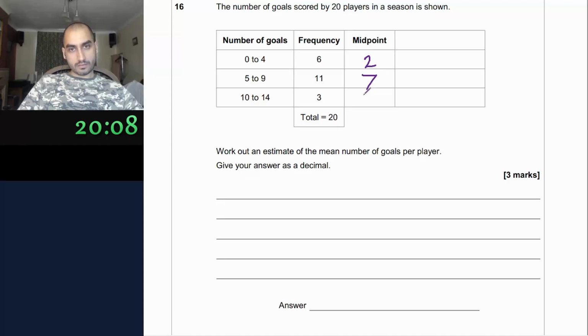Then 7, 12. I see. I don't really remember this approach, but okay, it makes sense. So we can just assume they scored 2 goals instead of 0 to 4. Same for 7 and 12.